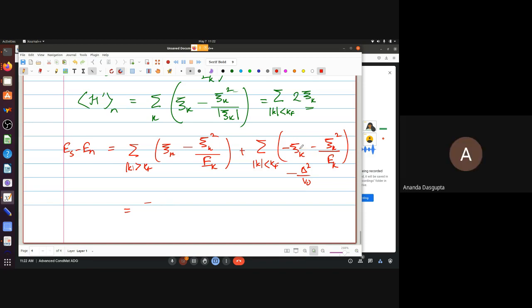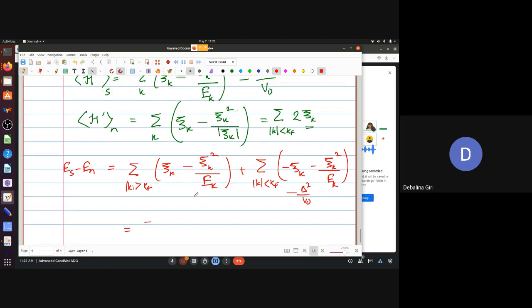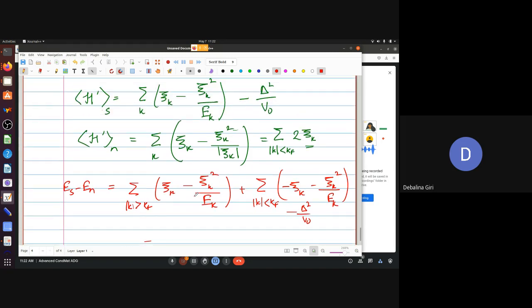Yeah, for h prime n, average value of h prime n, there shall be a minus xi k in front. Well, the minus sign has been missed, I guess. Right. You mean here? No, I'm just taking this expression. I'm just putting in V0 delta equal to 0 here. Okay.